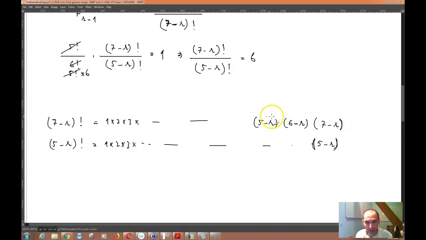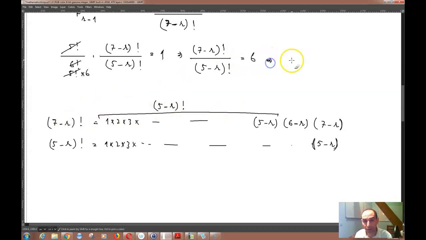So I can write 7 minus r factorial as 5 minus r factorial times 6 minus r times 7 minus r, and divide that by 5 minus r factorial, which is equal to 6.